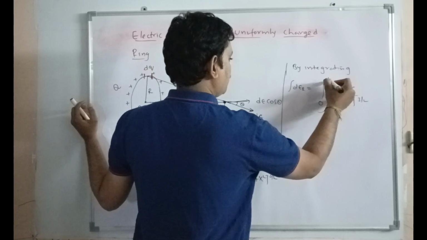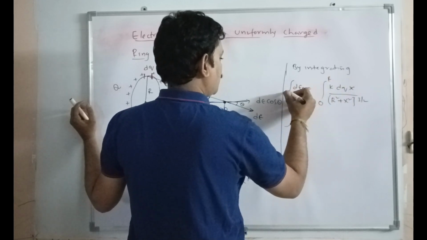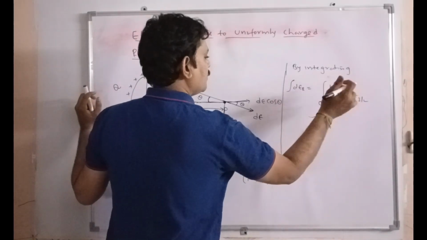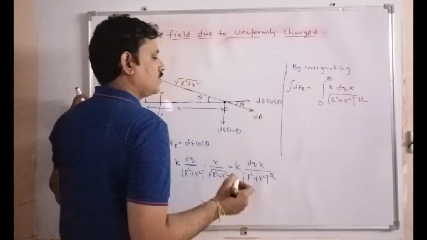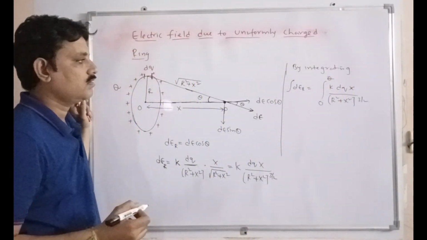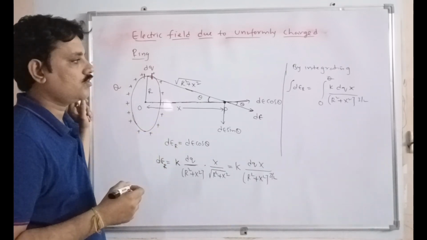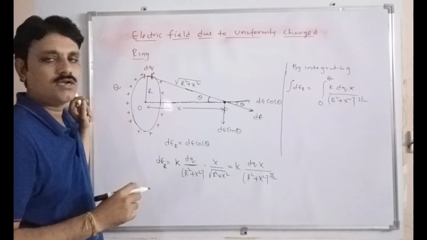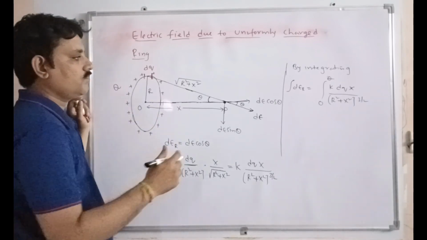Here the integration limits are 0 to Q. We integrate over the total charge, 0 to Q, because the small portion has the small charge dq.